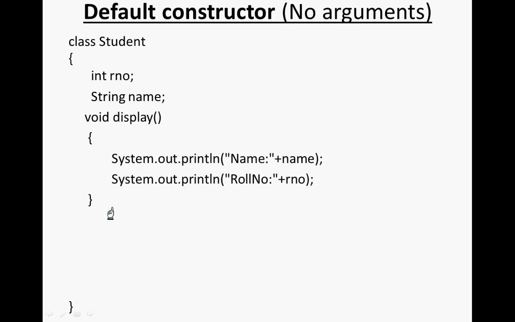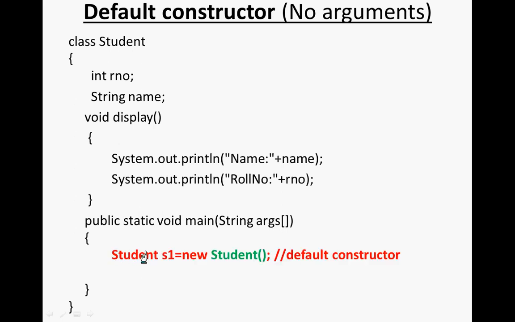Now we are going to define the main method, public static void main, with an array of string objects as argument. Now we are going to create an object. Student class name followed by object name s1 equal to new, which is a keyword, and student.